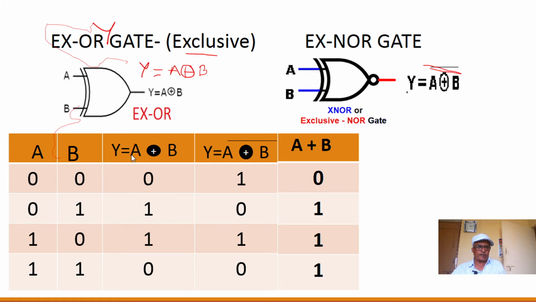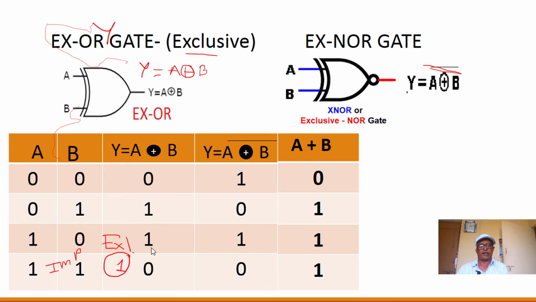Now if we consider the OR gate, then in the OR gate the output is 0 only if A is 0 and B is 0, and if any one of the inputs is 1, then the output will be 1. The important case here is the last case, because in the OR gate there should be 1, since 1 plus 1 is 1, but in the exclusive OR this 1 is excluded and there we have written 0.